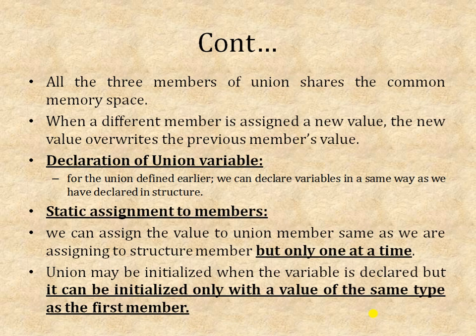When a different member is assigned a new value, the new value overrides the previous member's value. As I explained earlier, union can store only one value at a time. So if we store a value to a single member, then whenever we try to store a value to another member, the first member's value will vanish.